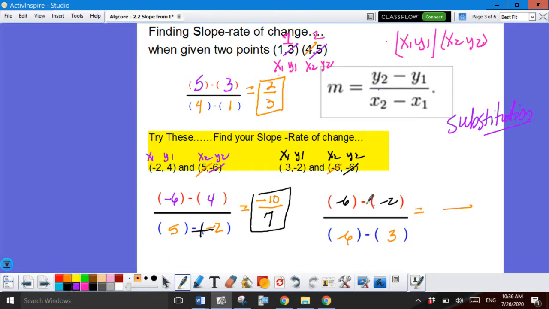So first thing, negative is a positive. So -6 plus 2 gives me a -4. -6 minus 3 gives me a -9. Now, do I get to leave this as -4 over -9? I do not, because a negative and a negative is a positive. So that simplifies to 4 over 9.